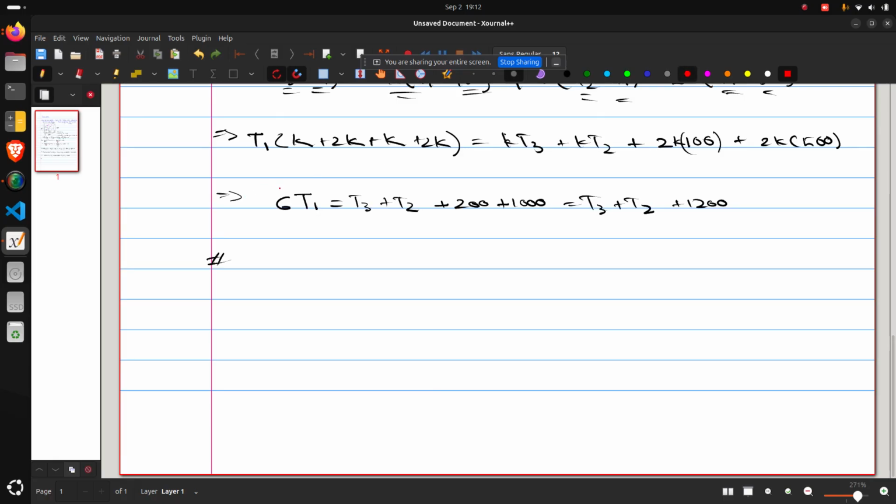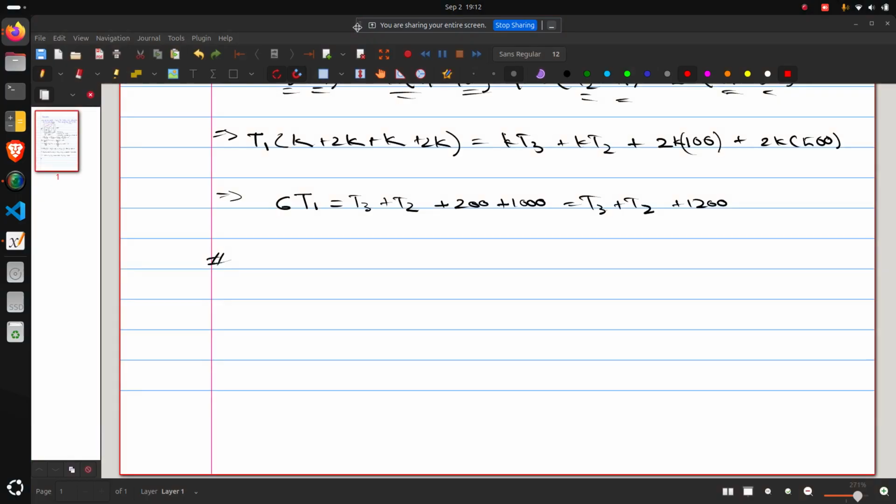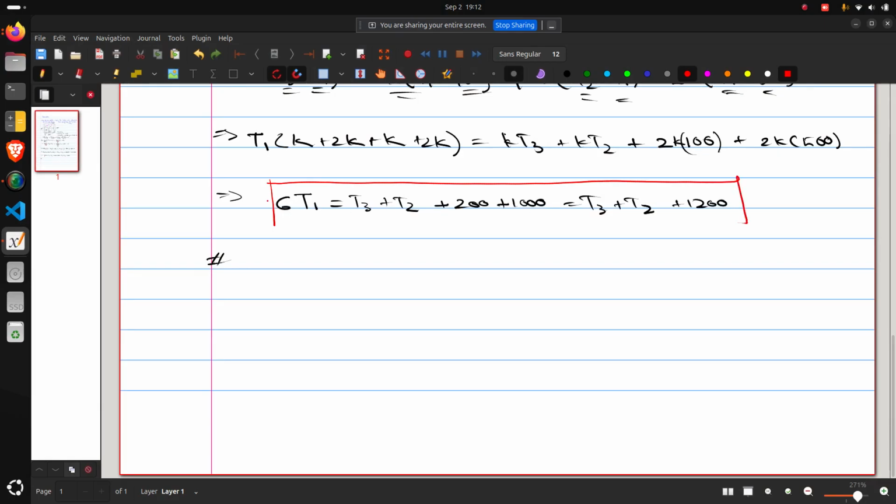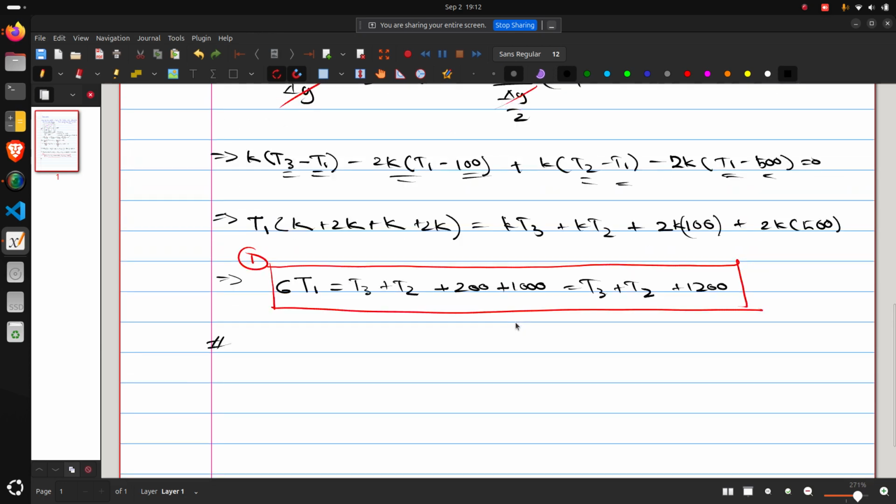We'll make a box around it, this is for cell 1. Now for cell number 2 we can just take reference of this form and write it down.